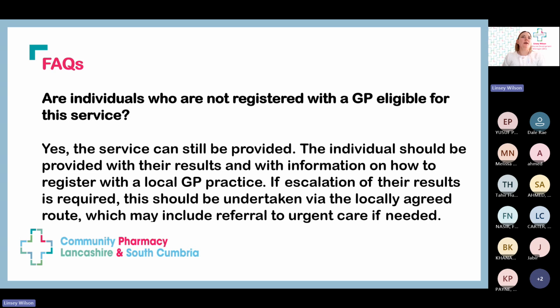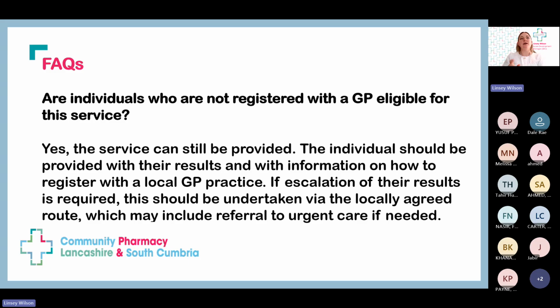And the final one, which I literally only put on today because I came across it last week. A homeless patient entered the pharmacy. They naturally didn't have a GP, but were concerned about their blood pressure. They fit the criteria of the service. They were over 40 and had a family history of CVD, and it was a question I got asked on site. So yes, the service was provided, and the pharmacist very kindly gave them options of GP surgeries they could register with, and the details of that as well.